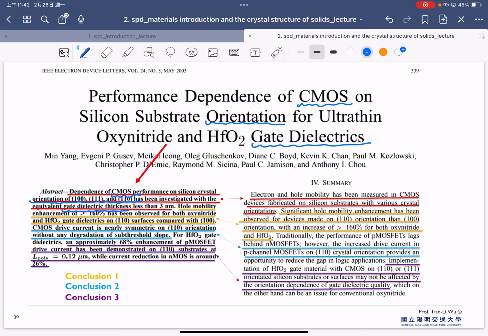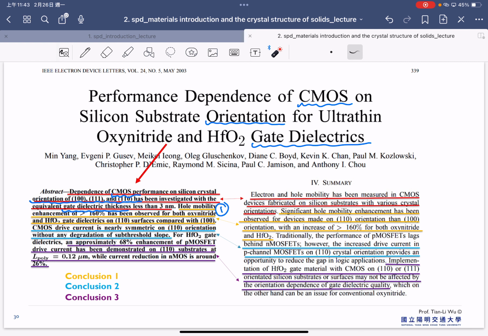Later in the abstract, in most academic paper writing, we try to identify three main contributions of the work. That will become your three conclusions. The first conclusion is shown here: hole mobility enhancement of more than 160% has been observed for both oxide nitride and hafnium oxide dielectric on the 110 surface compared to 100.